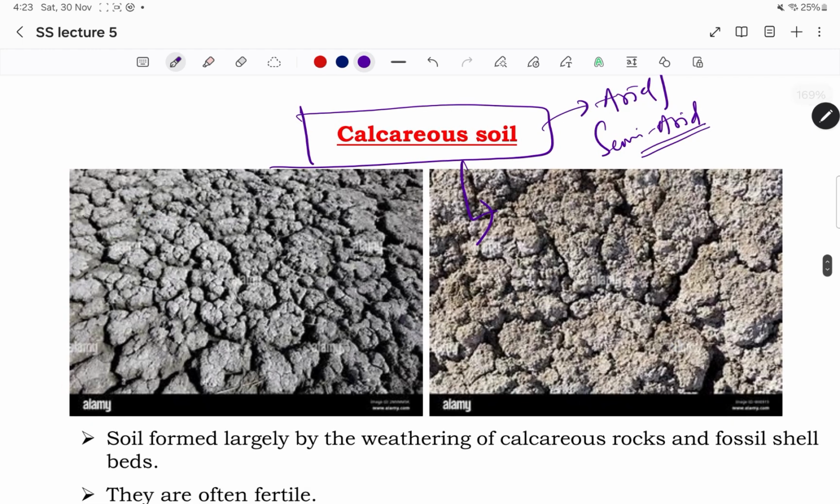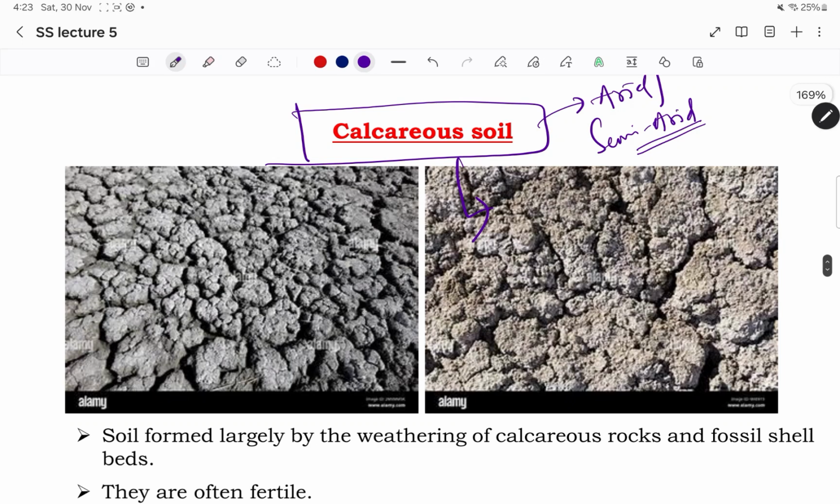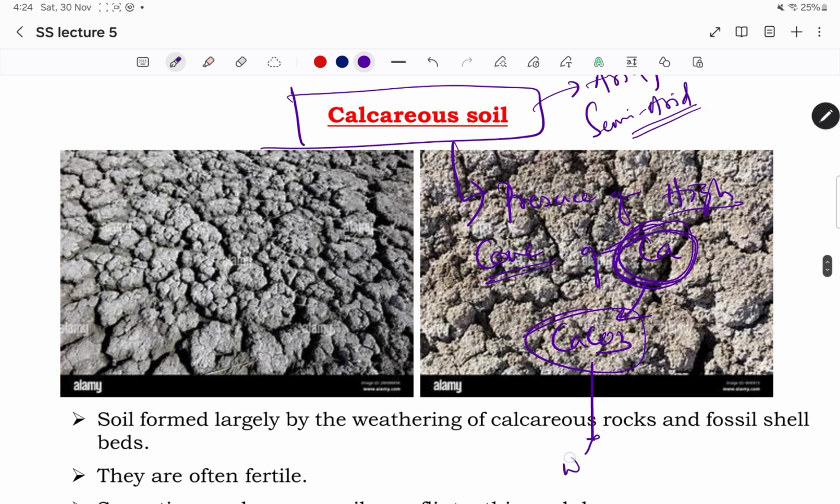By the name itself, you can say that there is a presence of a high concentration of calcium in the soil. Calcium in the sense calcium carbonate, that is CaCO3. There is a high concentration of CaCO3 in the soil. That's why the soil is called calcareous soil. And this CaCO3 is also white in color because it is also a salt.